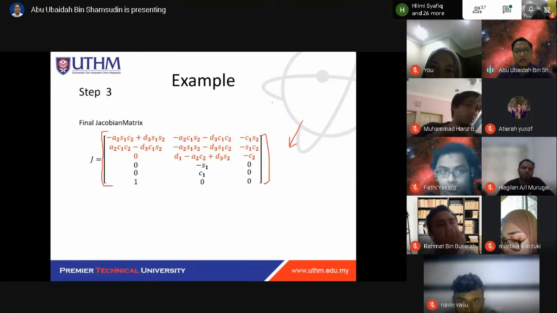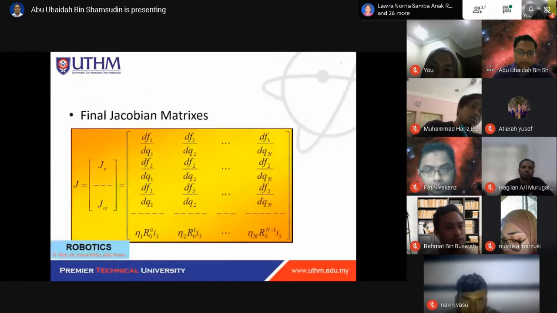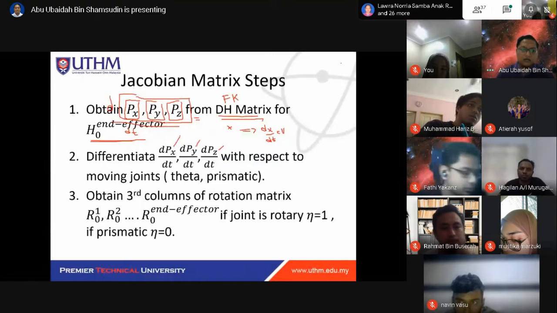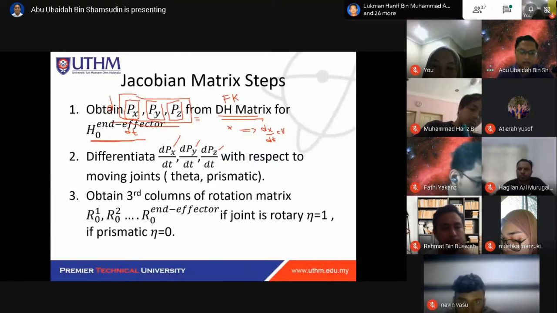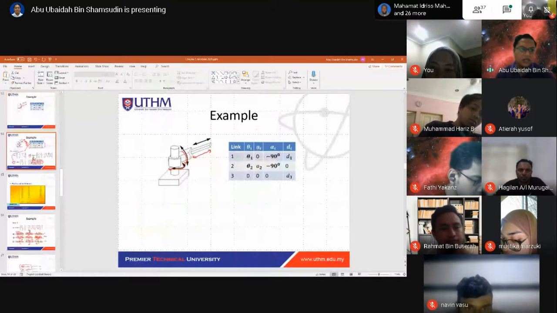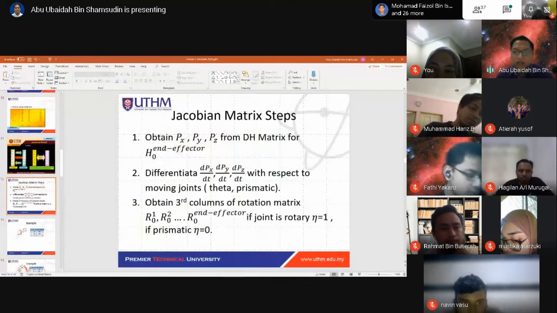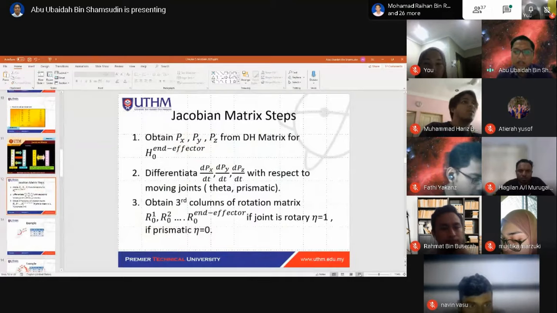So I want to emphasize again, there are only 3 steps to get the Jacobian matrix.